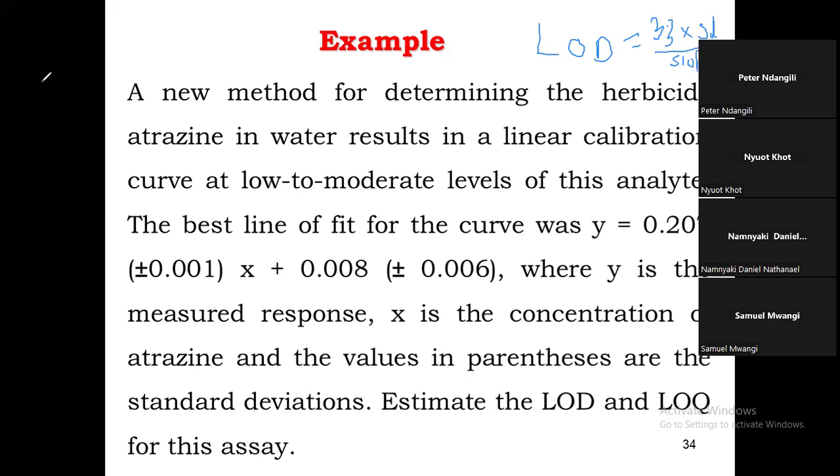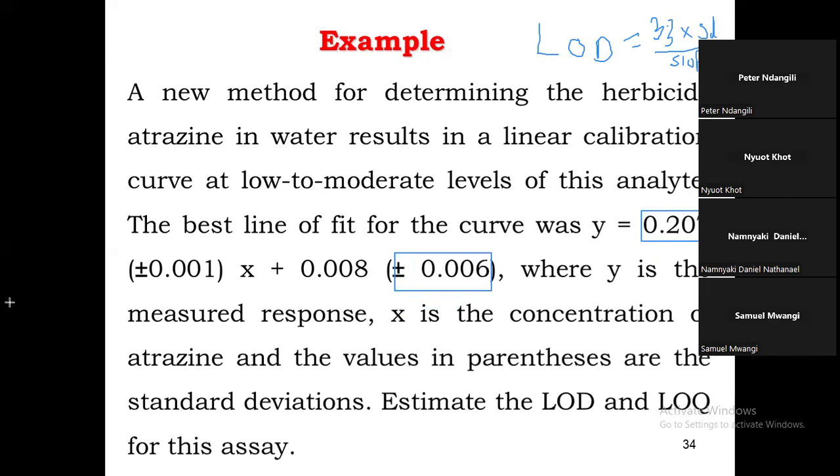So what is the slope here? And what are the standard deviations of the blank? That's what we need to isolate. From this particular equation, this is going to be our slope. And I said that the standard deviation of the blank is that which is associated with the y-intercept.